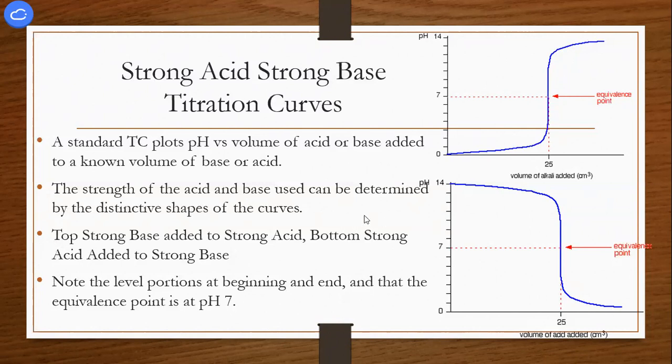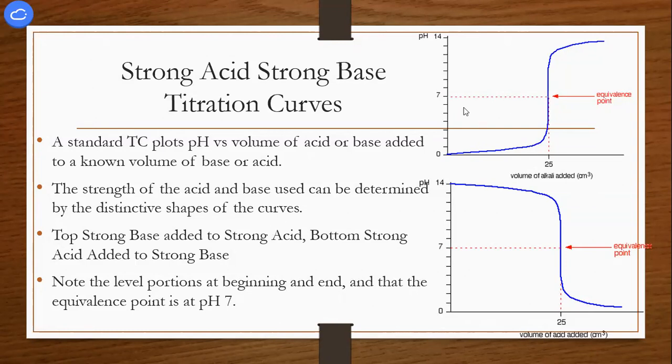A strong acid and a strong base will result in this shaped curve. It's a gradual change, very little change, and an equivalence point that is equal to 7.